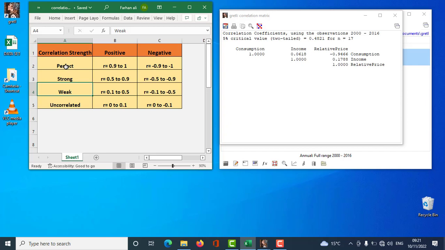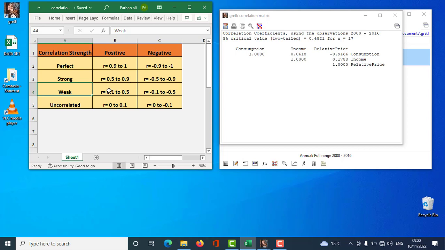So if the value of R is from 0.9 to 1 or minus 0.9 to minus 1, it would represent perfect correlation between two variables. If the value of R is from 0.5 to 0.9 or minus 0.5 to minus 0.9, it would show strong correlation.